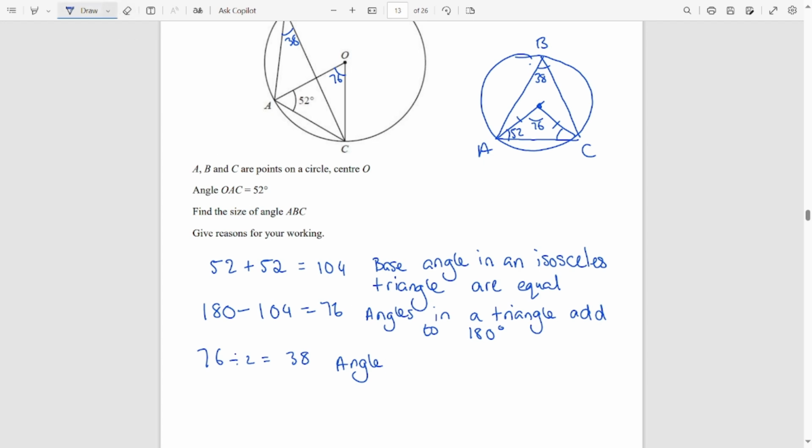The angle at the centre is twice the angle at the circumference. Okay, and we're done. That's our reasons.